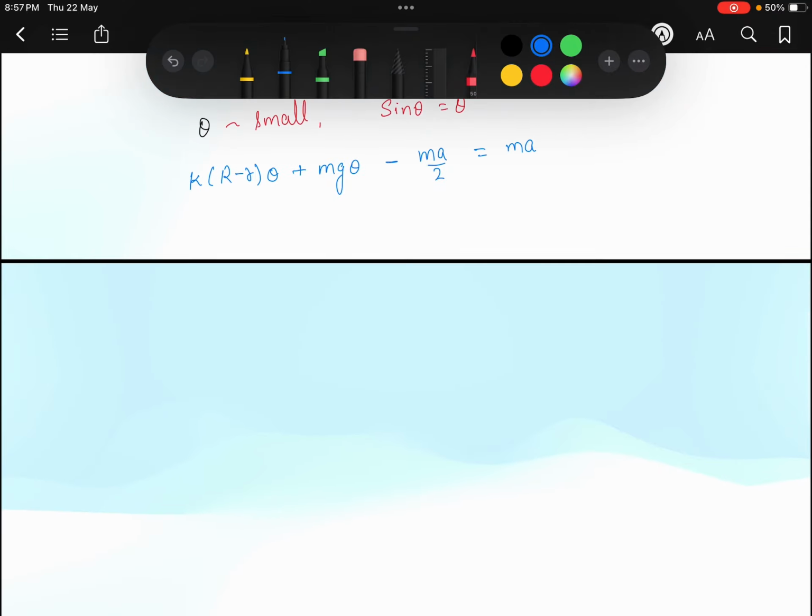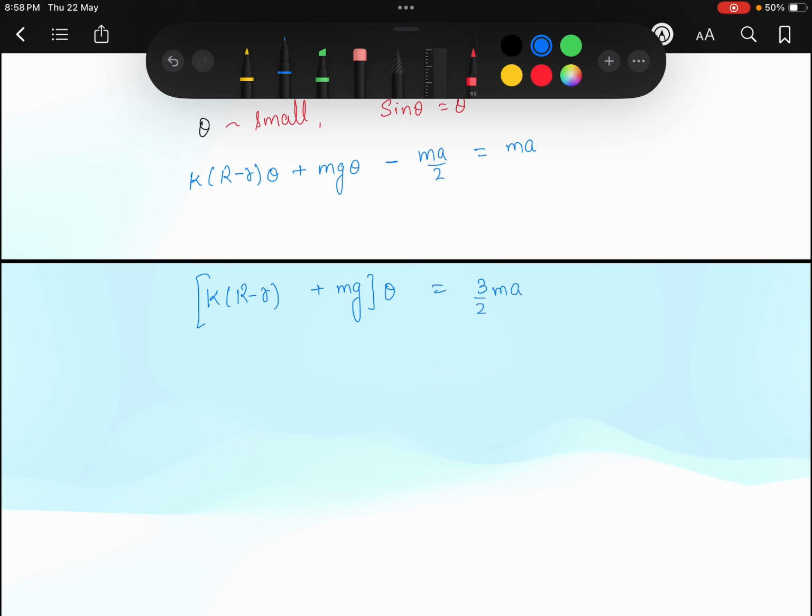So we will simplify here, k into capital R minus small r plus mg into theta, this is equal to, we will add up all these terms here, ma by 2 plus ma, that will be equal to 3 by 2 ma.